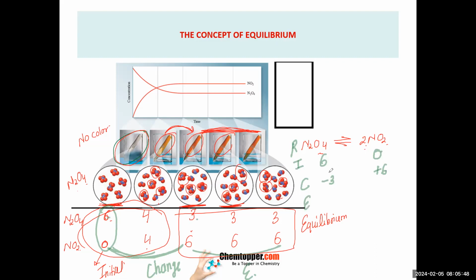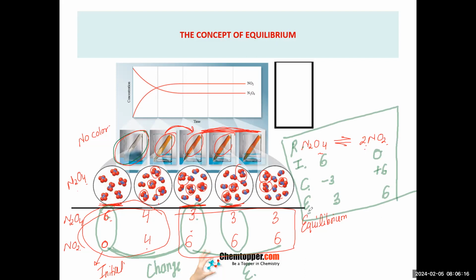Equilibrium, 6 minus 3, 3. 0 plus 6, 6. Can you see at the equilibrium, this is the state? So we are going to work on plenty of things with the Rice table, which you can understand from the graph. Reaction, initial state, change happening to get the equilibrium, and the equilibrium.